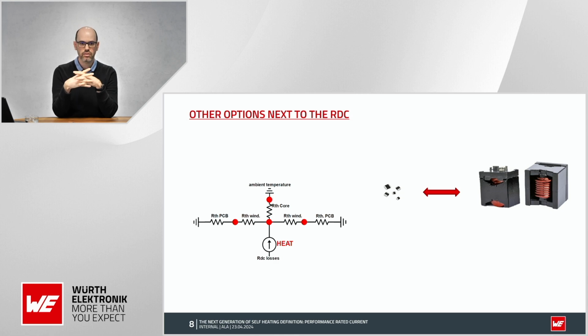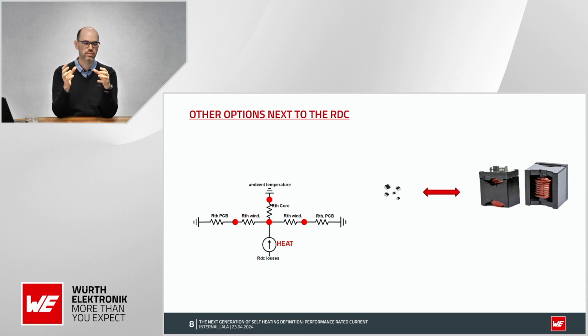On the other hand, we have pretty huge components where the winding is more or less just put on top or is assembled into the core. So we have here a shaped one, and there the wire is also distributing the heat directly into the ambient, or also distributing the heat onto the core, and then the core is again distributing it.